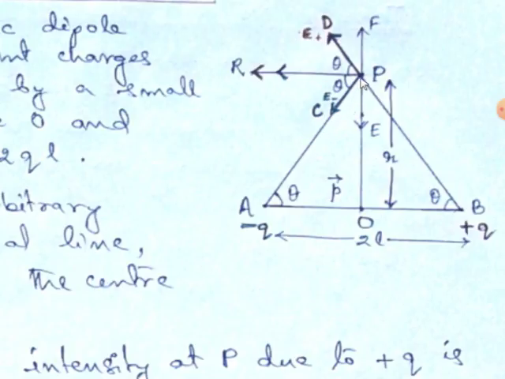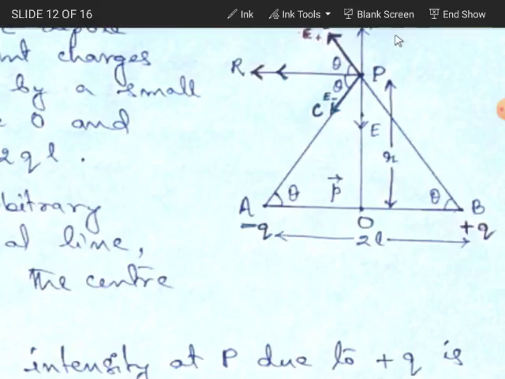Now we need to find the distance AP, because we will require it for the negative charge.